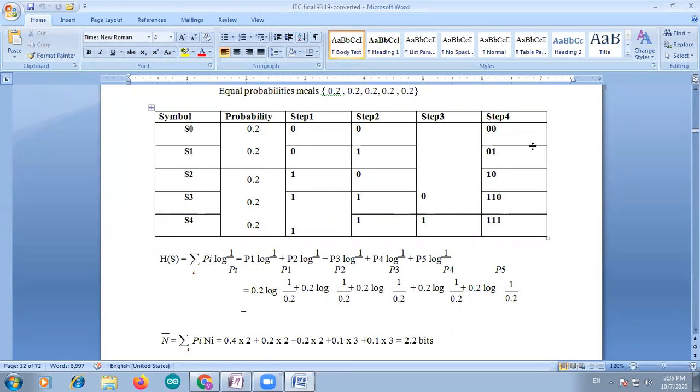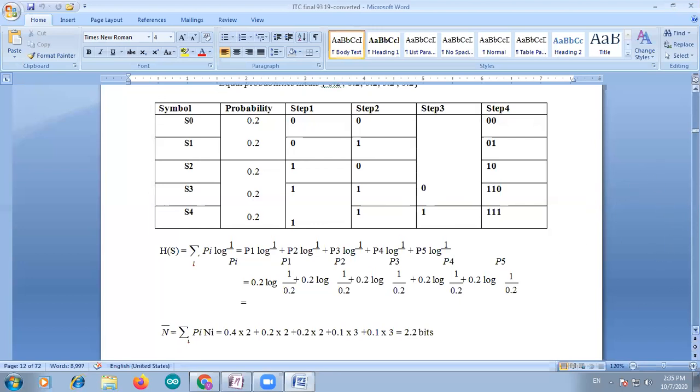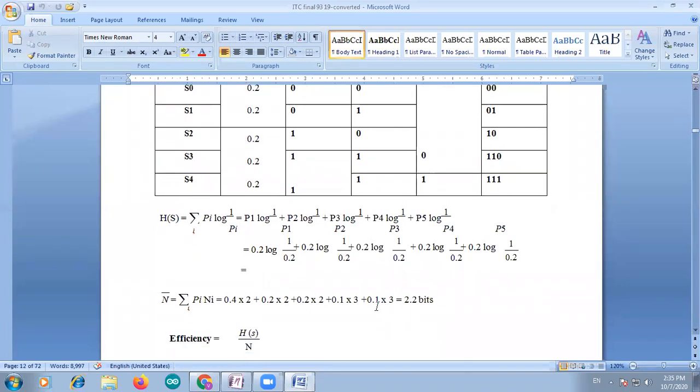So S0 is 2 digits, S1 also 2, S2 also 2, S3 is 3, which is the length of the bits assigned to a symbol. So n bar is sigma pi ni, that is 0.2 into 2 plus 0.2 into 2 plus 0.2 into 2 plus 0.2 into 3 plus 0.2 into 3.